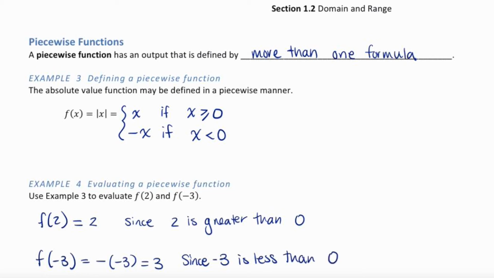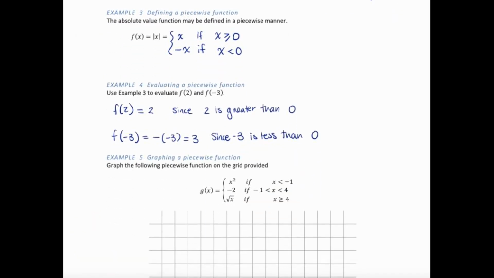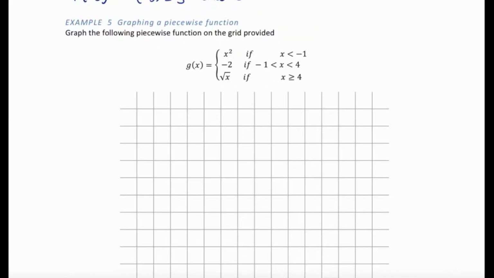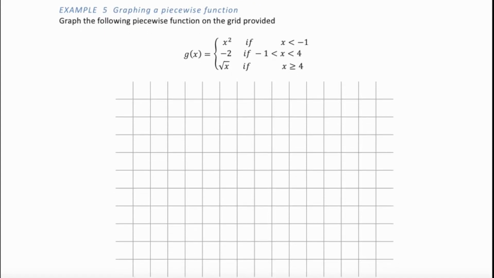So with that, let's move on to the last example, and this would be graphing a piecewise function. So let's graph the following piecewise function on the grid provided. Let's discuss the definition. So g of x equals x squared whenever x is less than -1. Notice it's not ever when it's equal to -1.